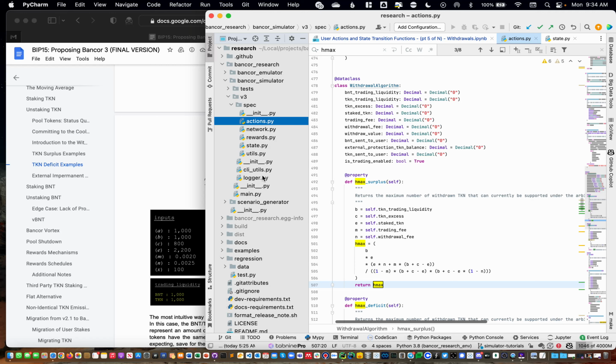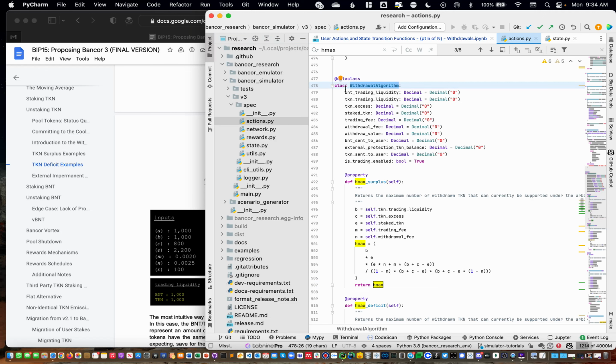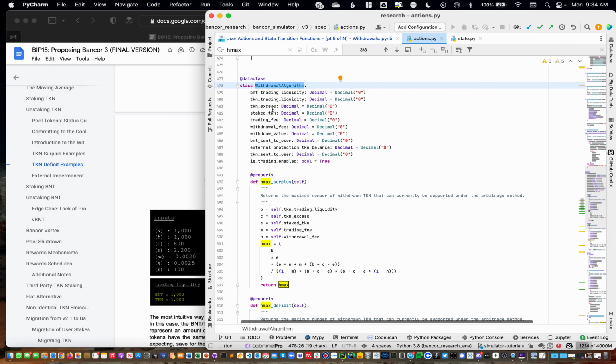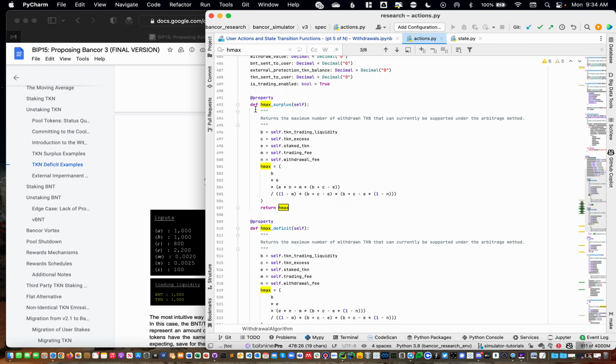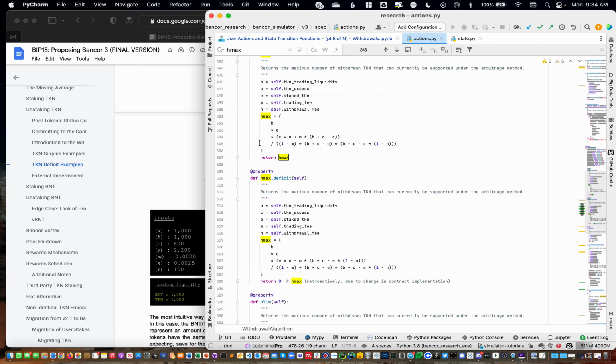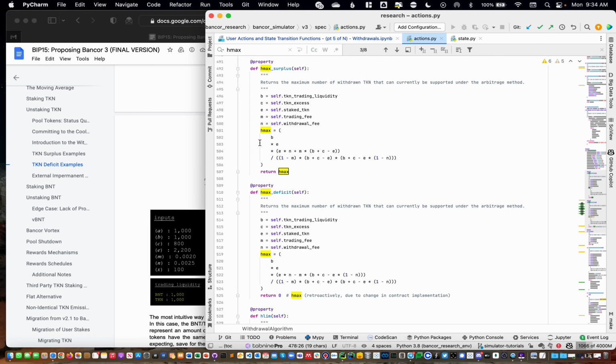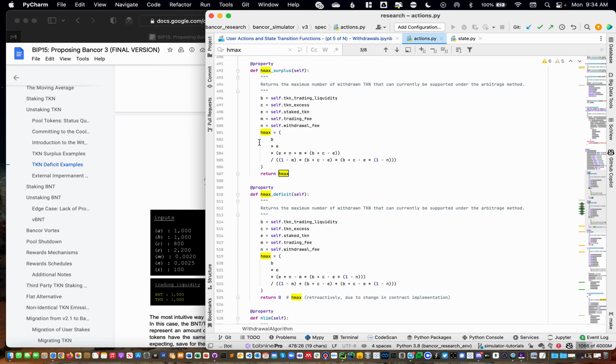And before we call it here, I want to refer to the project structure. If we look in the spec directory of the simulator, and we look in actions.py, that's where we're going to find this withdrawal algorithm. You can now also look at the different methods associated with the BIP15 document.